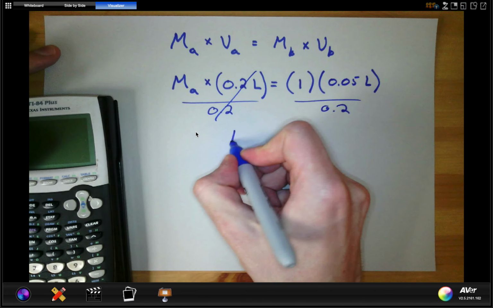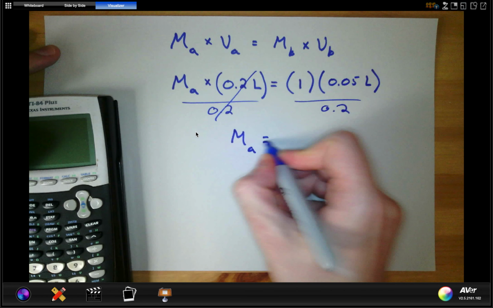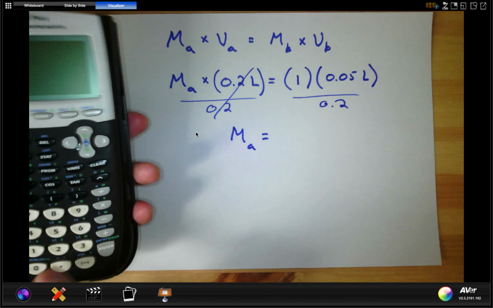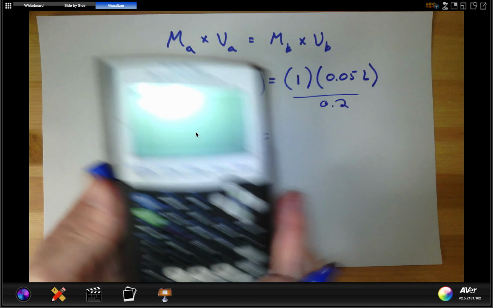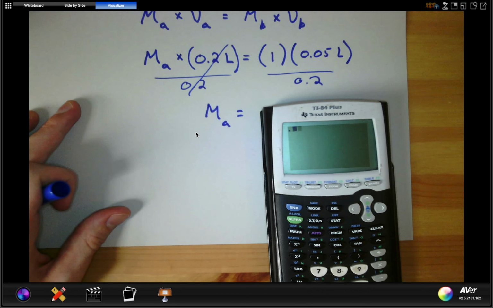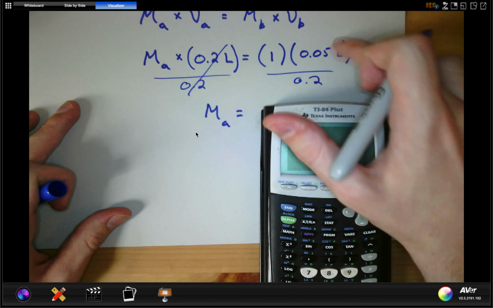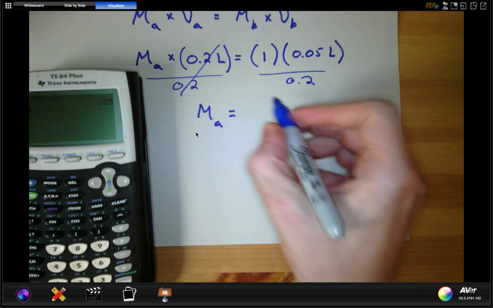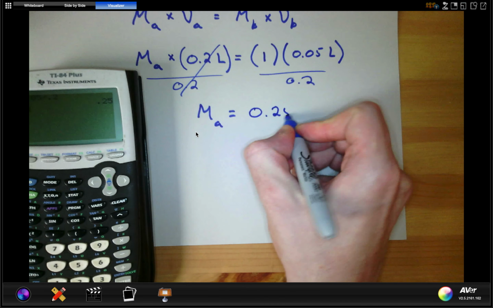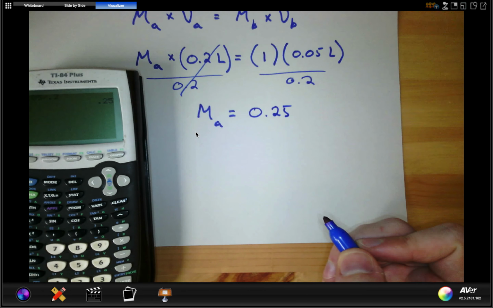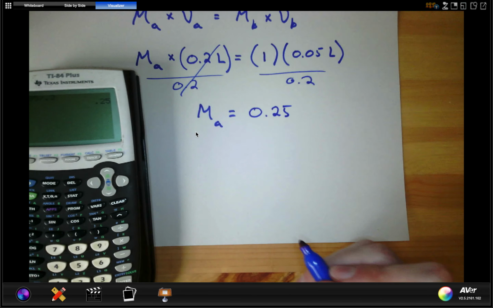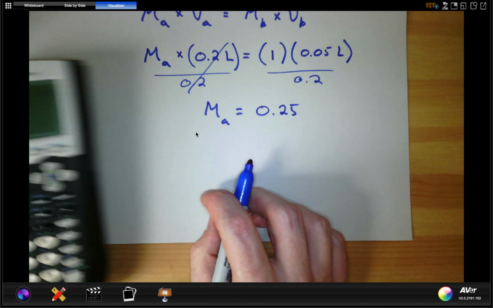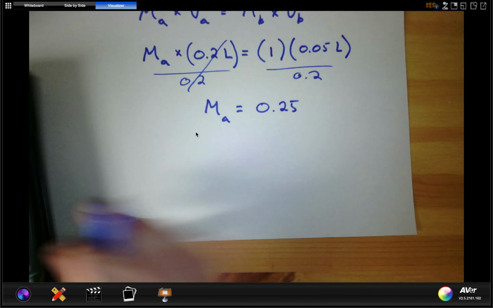So I'm going to get the molarity of the acid is equal to 0.05 divided by 0.2. 0.25. So the molarity of the acid is 0.25. Okay? And remember, that's moles per liter. That's what the molarity stands for. All right? So there's example number 1.